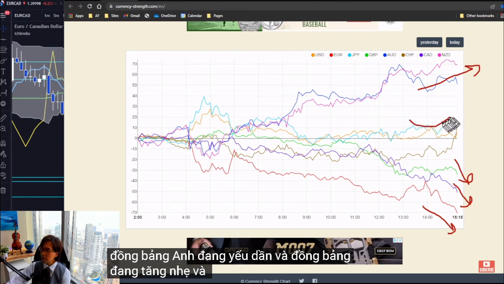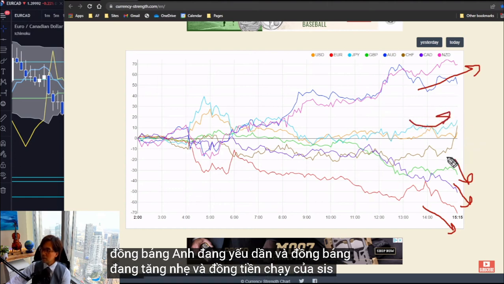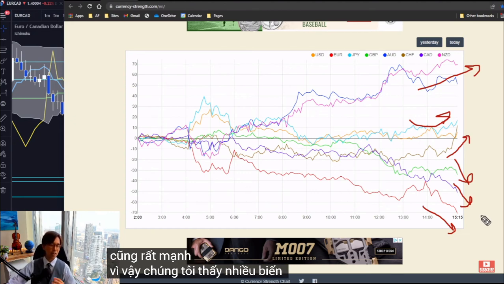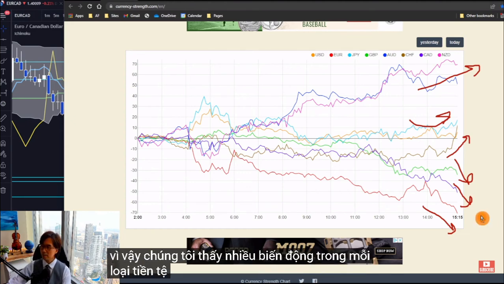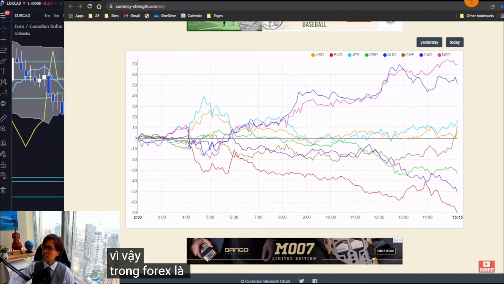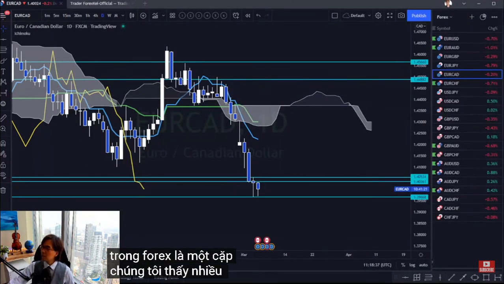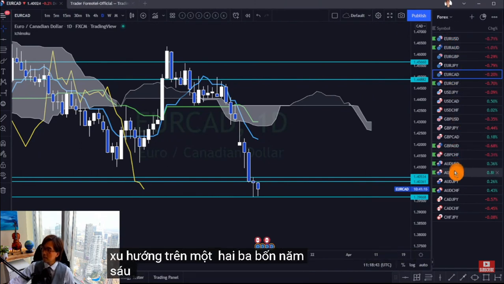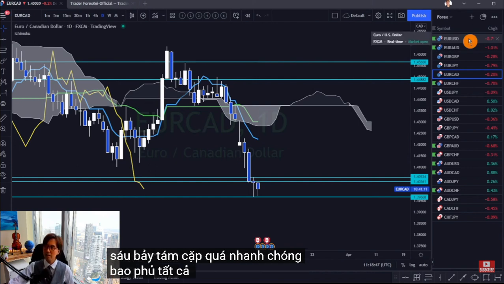JPY is slightly moving up, and Swiss franc is also very strong. So we see much volatility in each currency. In Forex as a pair, we see many market moves. I do see trends on 1, 2, 3, 4, 5, 6, 7, 8 pairs. So quickly covering all these pairs.